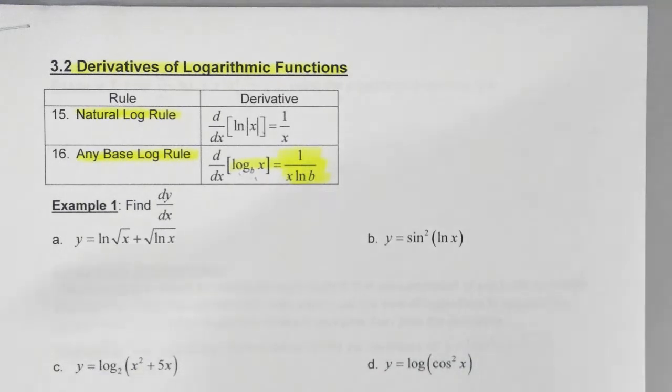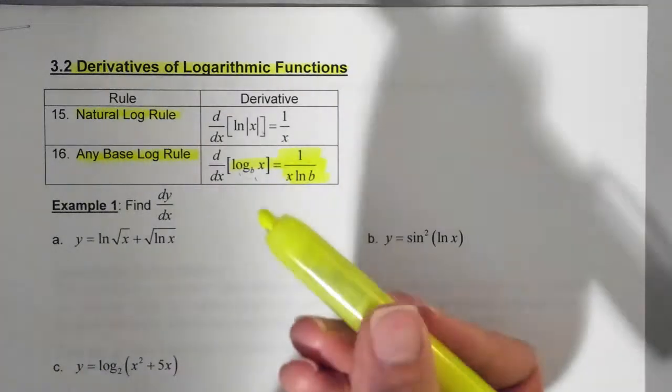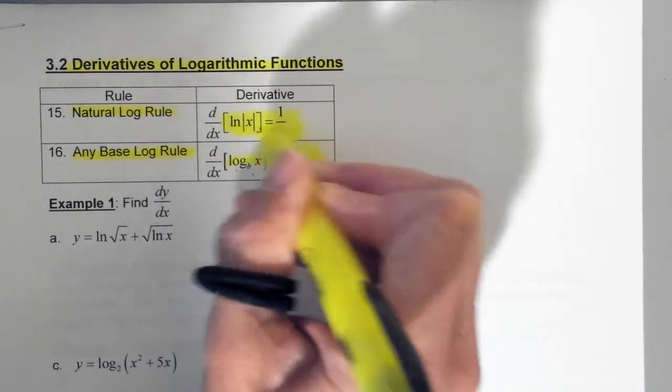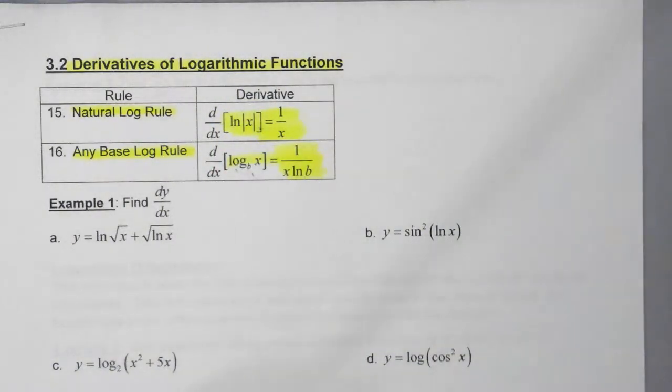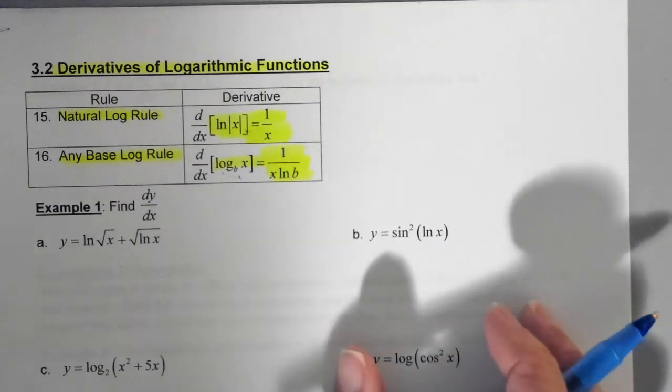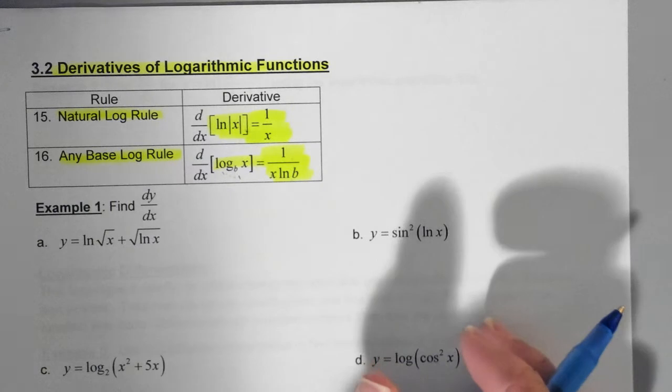Our natural log rule is when we're taking the derivative of the natural log of the absolute value of x, it's 1 over x. And I'm actually going to show you that the answer comes out the same, which is why it's the absolute value of x.